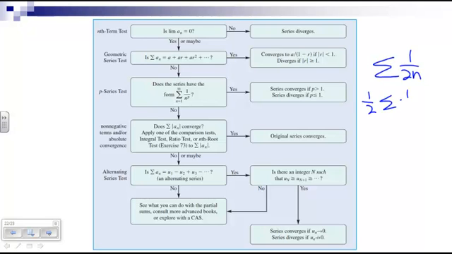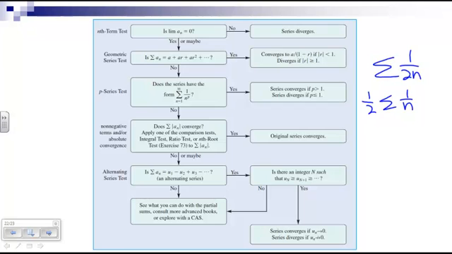It's 1/2 times the P series 1 over n. But we're pretty loose on this. Does it look like a P series? If it does, is the P greater than 1? If it is, it's convergent. If it's 1 or less, it's divergent.